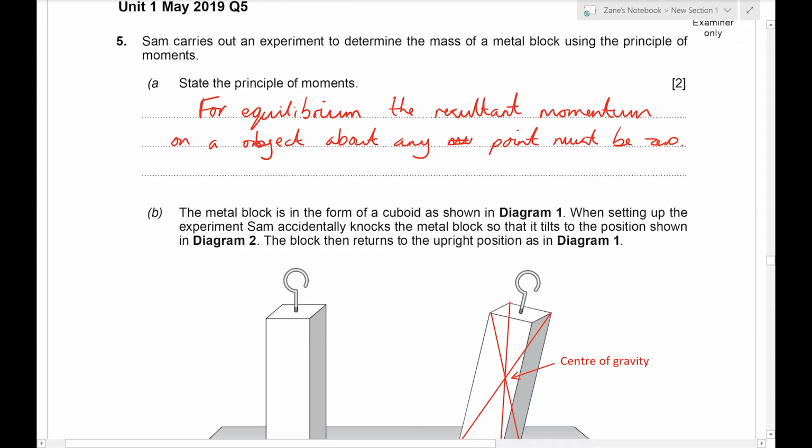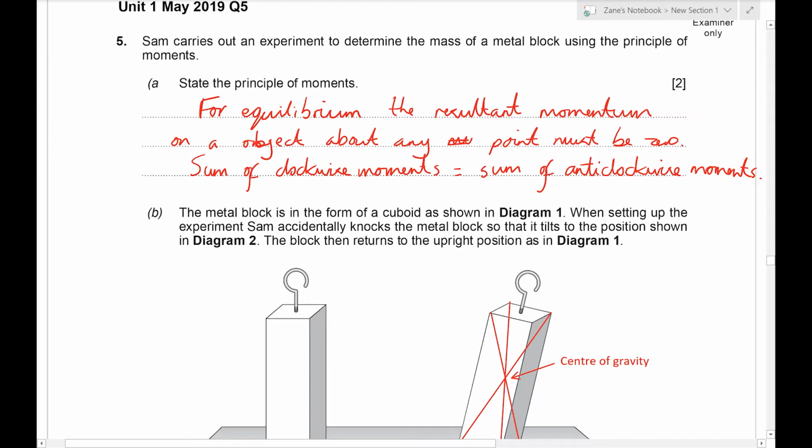In other words, we can say that the sum of the clockwise moments equals the sum of the anti-clockwise moments. Don't necessarily need both statements there, but that's the general gist of the idea there.